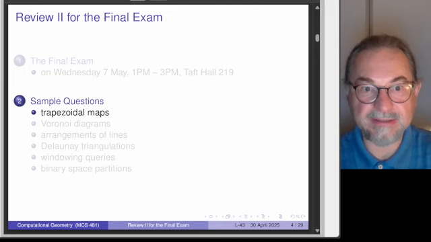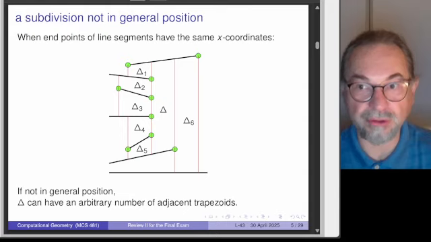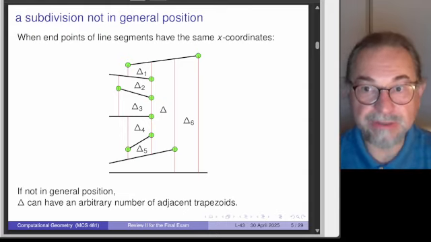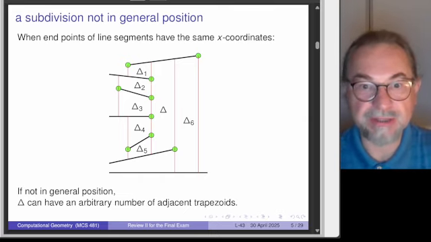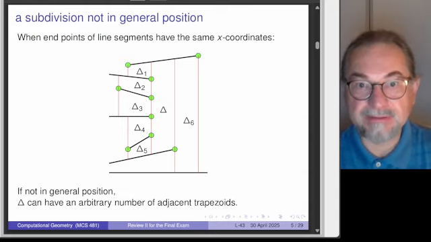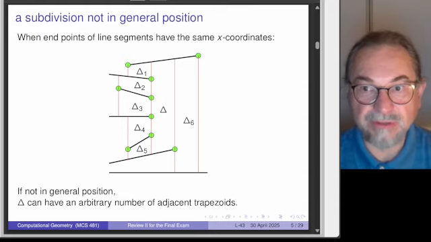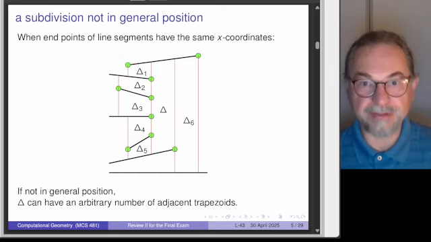Okay, let's start. The first question is on trapezoidal maps. Here you see an example of a trapezoidal map. We have a number of line segments, and these line segments define a partition of the plane.